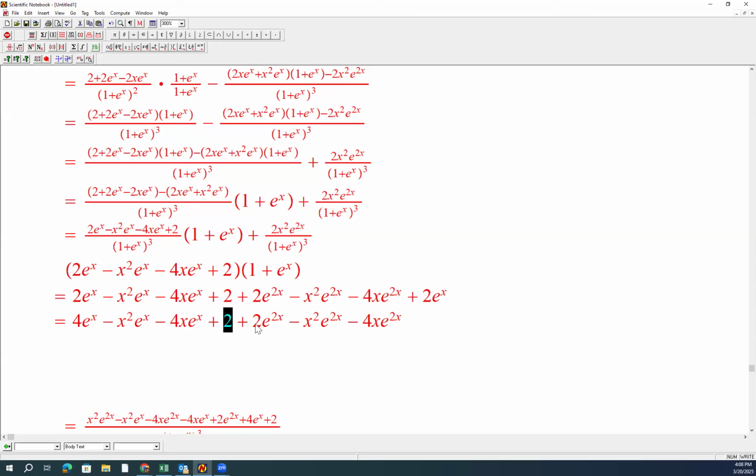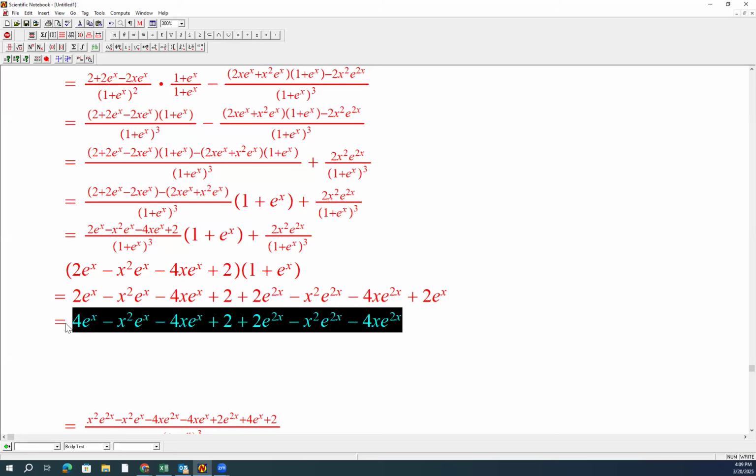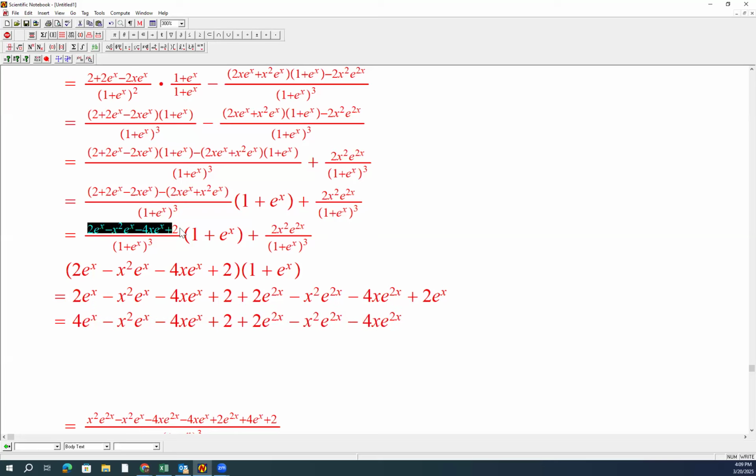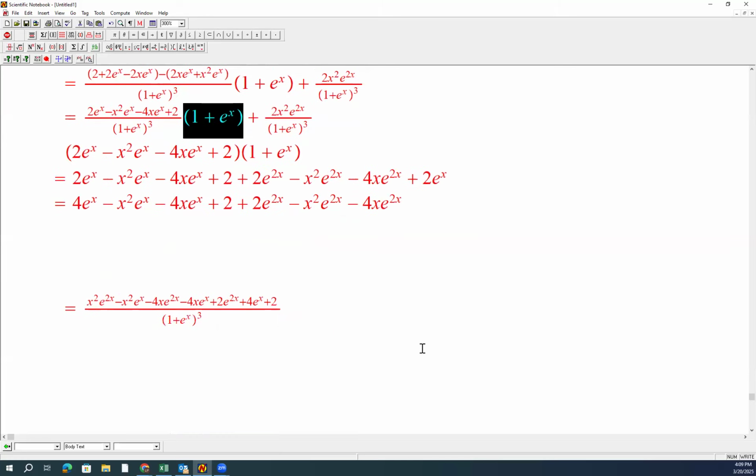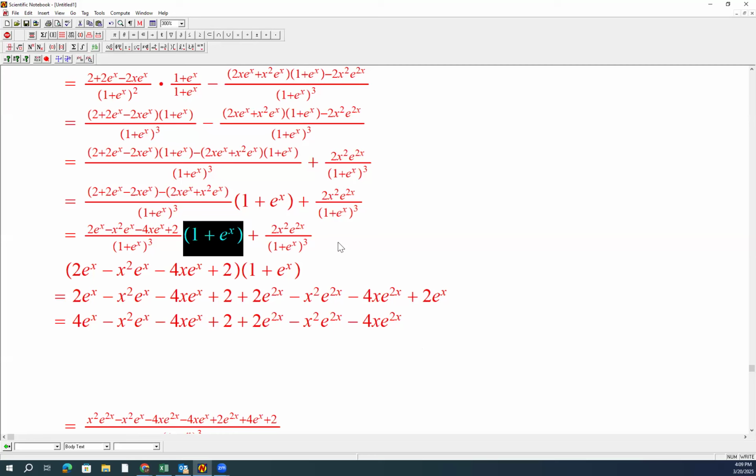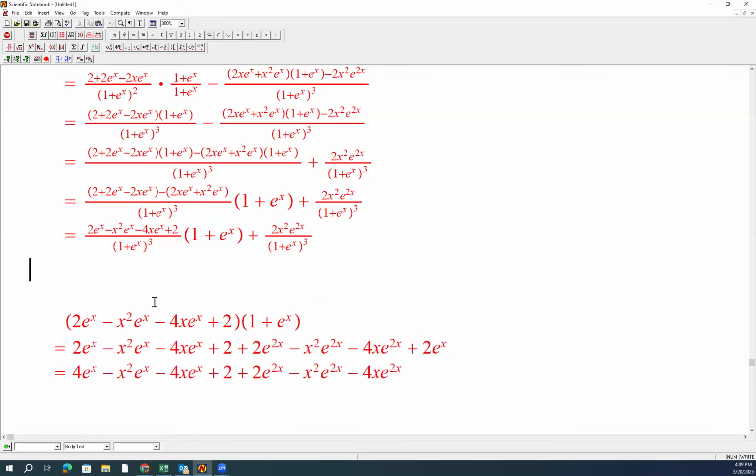And 2 times e to the power 2x, I don't see any more like terms. So how many? 3, 4, 5, 6, 7. So we got 7 terms. And this will be arranged according to their degree. But you can keep this one. Okay, this is the result of multiplying this piece with that, and we're going to be adding another one. Okay, so the next step.